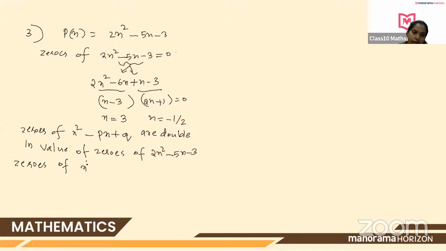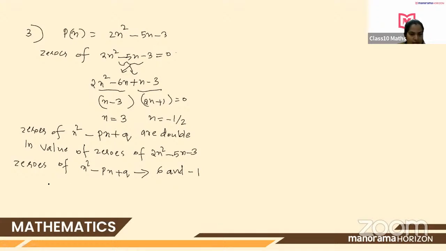Zeros of x square minus px plus q, which is the double of the zeros of 2x square minus 5x minus 3. So, the zeros are 6 and minus 1. Double of 3 and 1 by 2, that is 6 and minus 1.